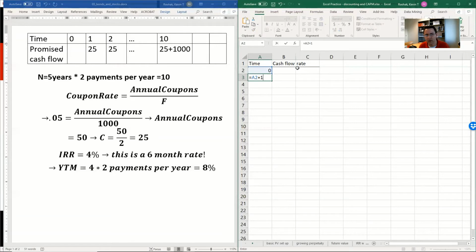Just as a review, how do we do this in Excel? What tricks do we use? Well, we tell Excel to write a formula. We do that by entering the equal sign. So equal, now Excel knows it's a formula. How are we going to add 1 to all of these numbers and get numbers 0 through 10? We're going to tell Excel to look at the previous cell, A2, and then just add 1 to it. So it's looking at the 0 in A2 and adding 1, so we get 1.